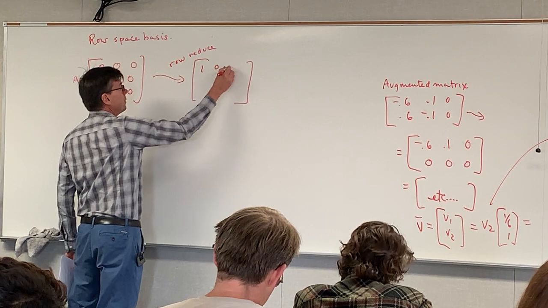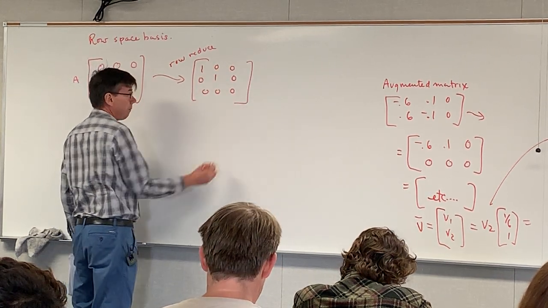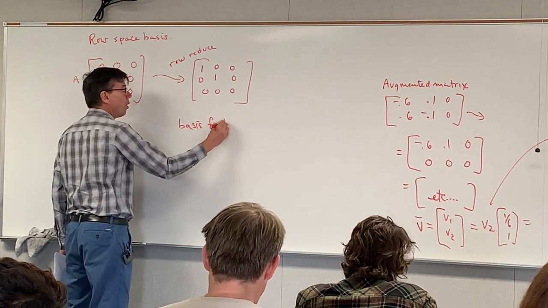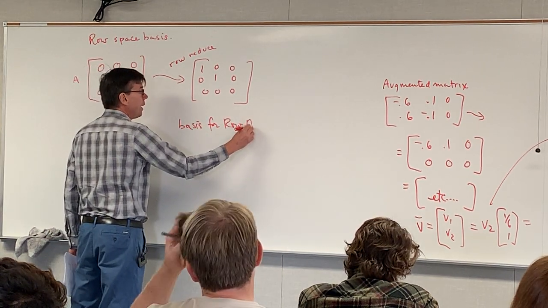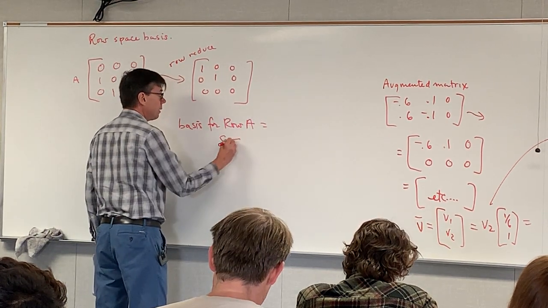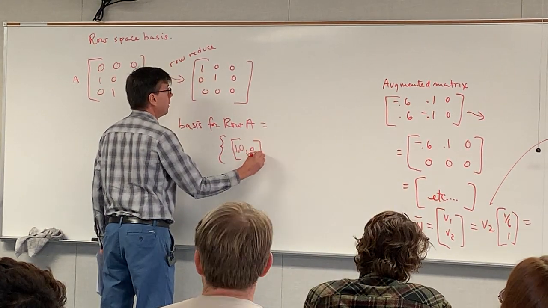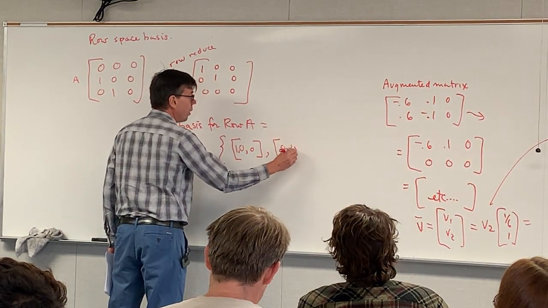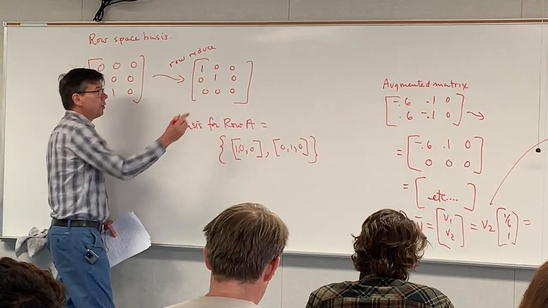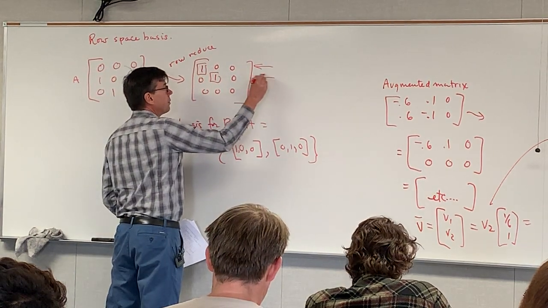We want the 1, 0, 0 in the first position, then 0, 1, 0, then 0, 0, 0. And so a basis for the row space of A is going to be 1, 0, 0 and 0, 1, 0. Here are our two pivot positions. We can take those two rows.